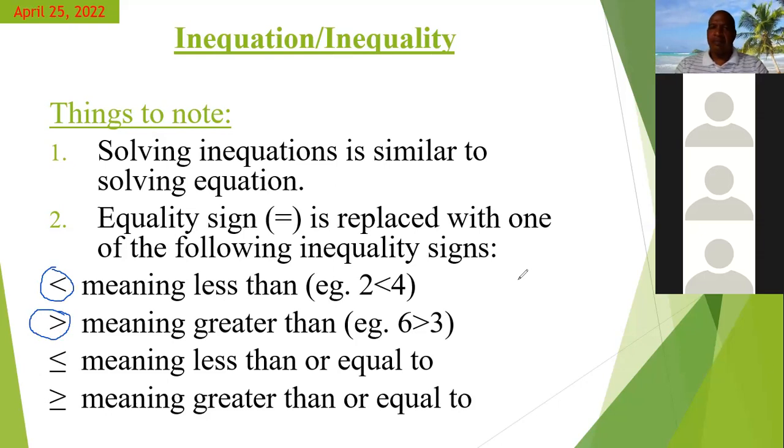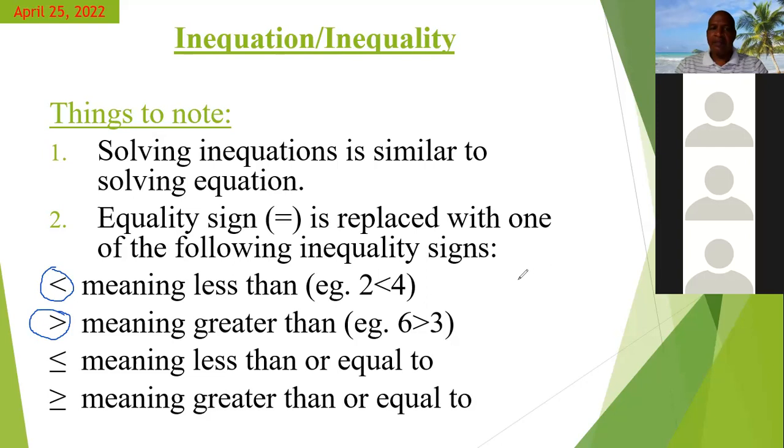The alligator mouth always opens to the biggest number. All right, good. So you can think of it that way. That's one way. Another way to look at it, if you think of it as an arrow tip, the pointed side always points to the side which is less.